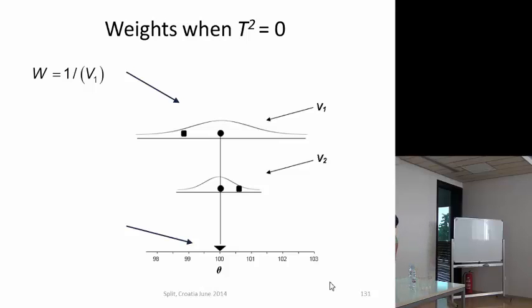So when there's no heterogeneity, in other words, when we're dealing with the fixed effect model, we have to take into account the precision of the estimate around the mean effect.